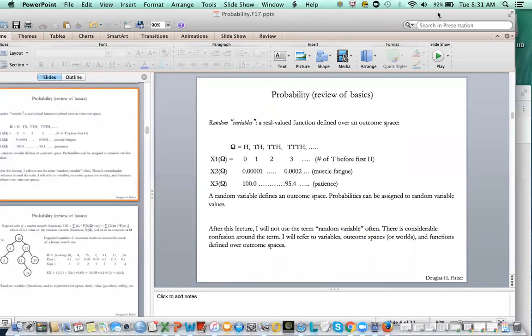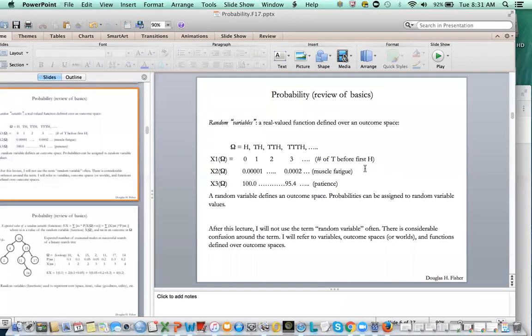But it's really a more general function, and its argument is going to be an element of an outcome space. So for example, the outcome space in this example might be coin flips until you get the first head. One random variable over that outcome space would be simply counting up the number of tails before the first head, and that gives you a value.